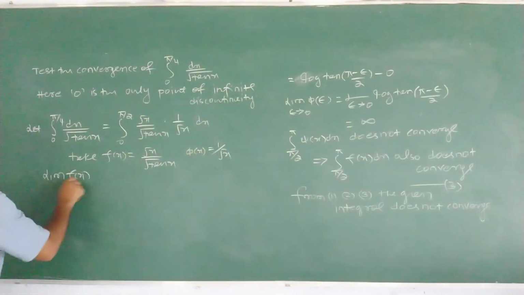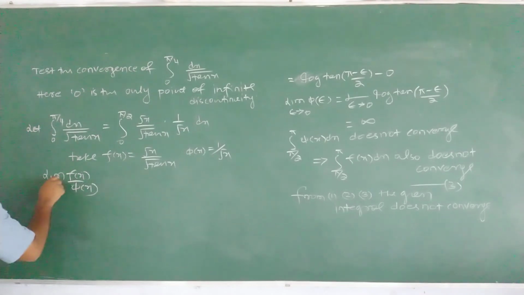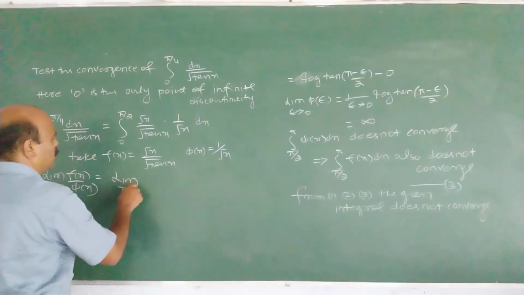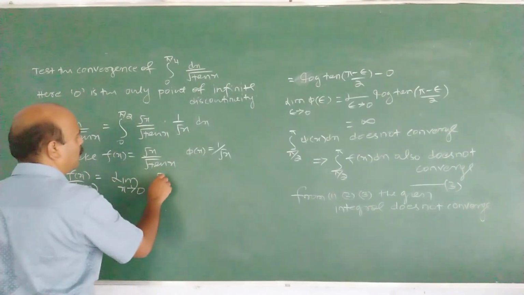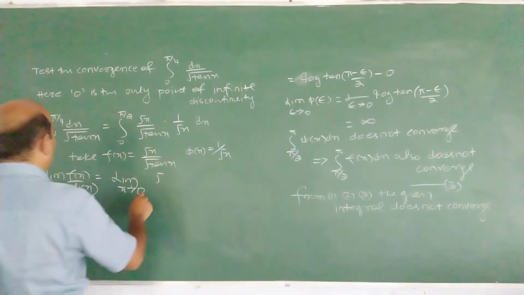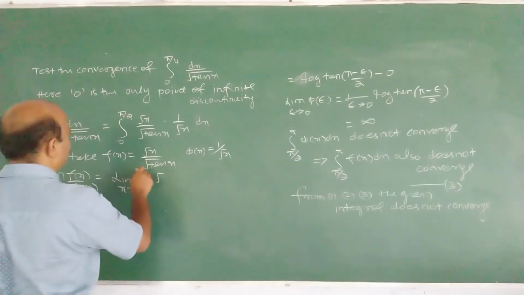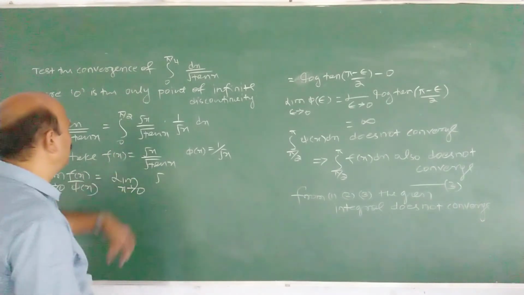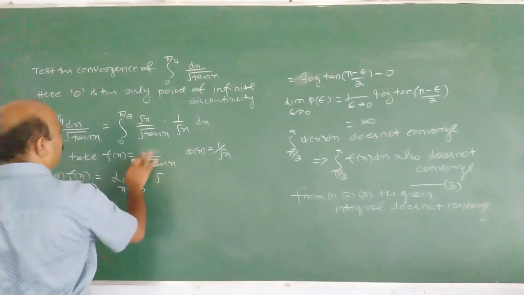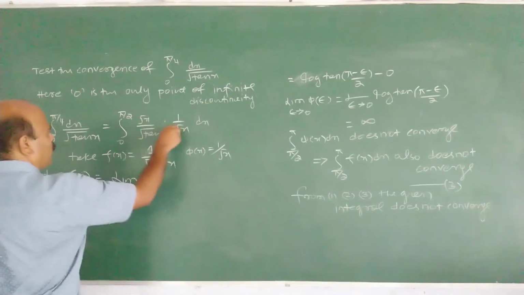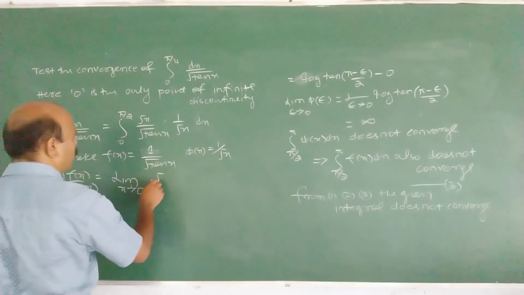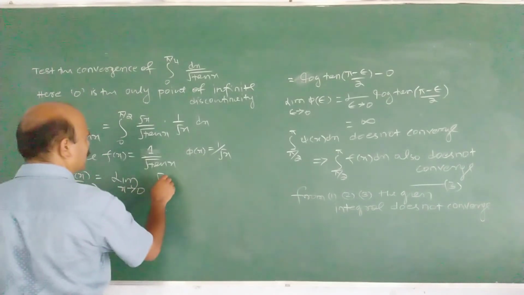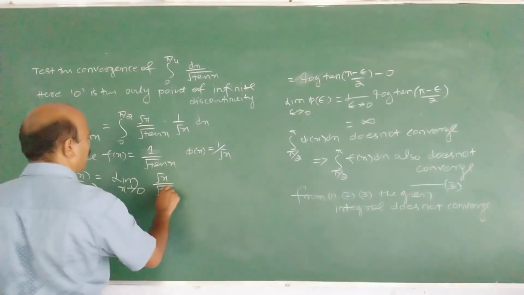Then the limit of f(x) by phi(x) as x tends to 0 is: f(x) is 1 upon root tan x, and phi(x) is 1 upon root x. So the limit of f(x) by phi(x) is root x by root tan x.